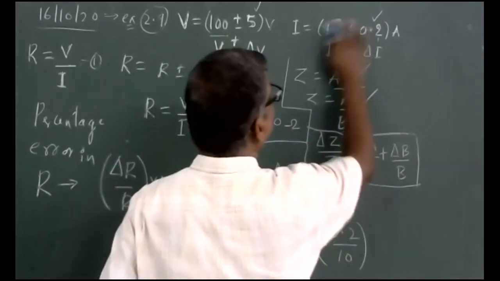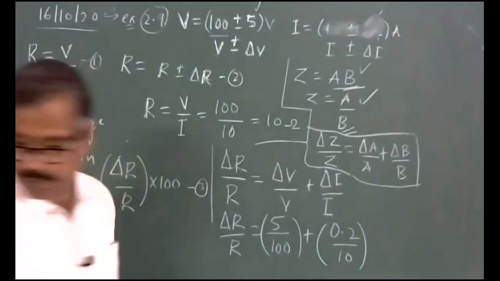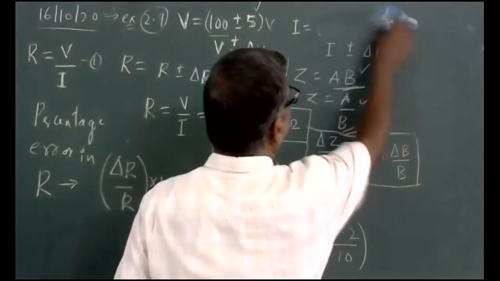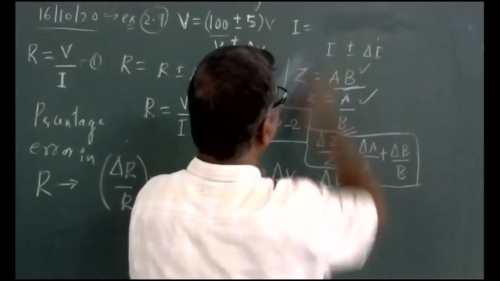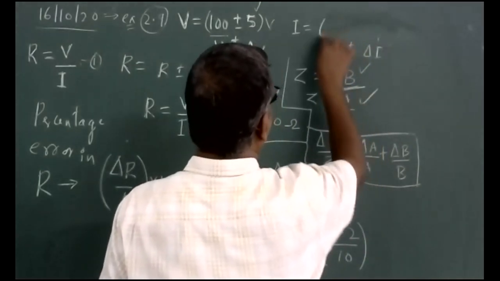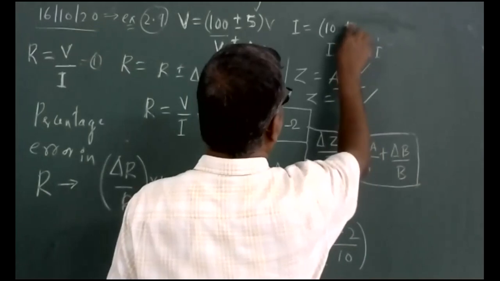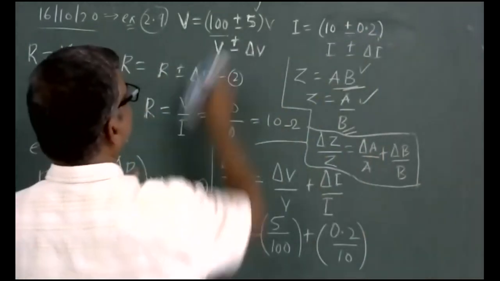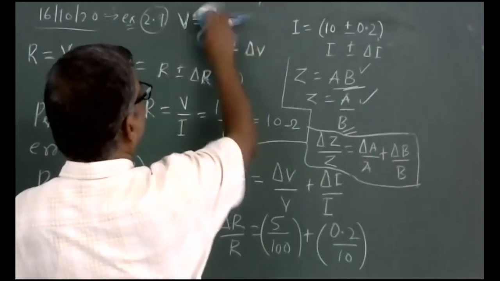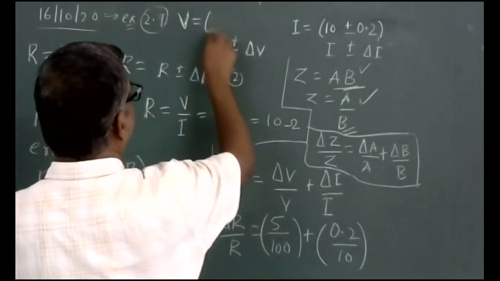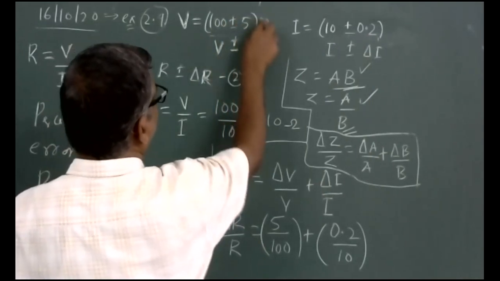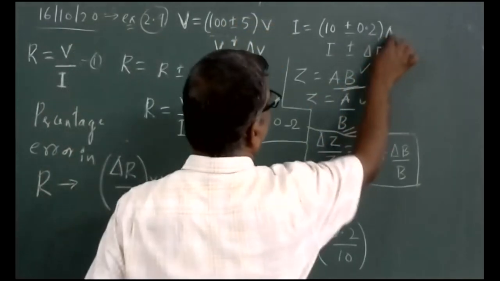In case you have an issue, I will show you again. It is 10 plus or minus 0.2. So I have written here once again: it's going to be 100 plus or minus 5 volt, and this is going to be ampere.